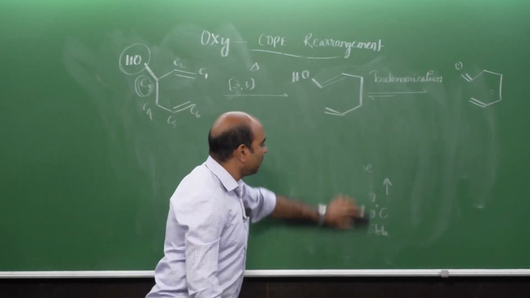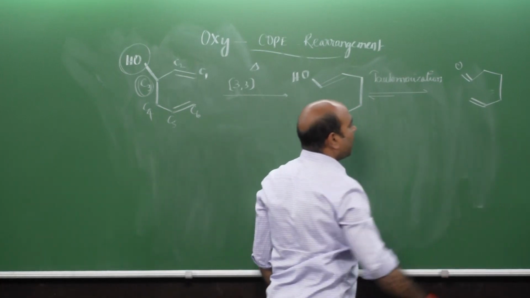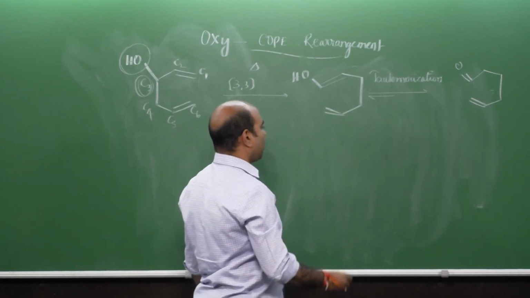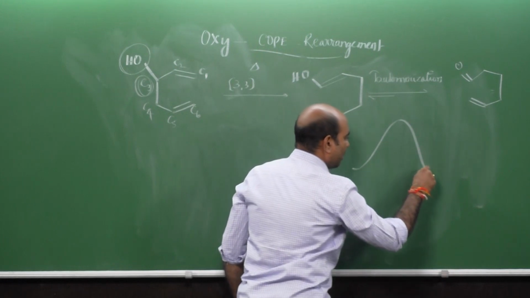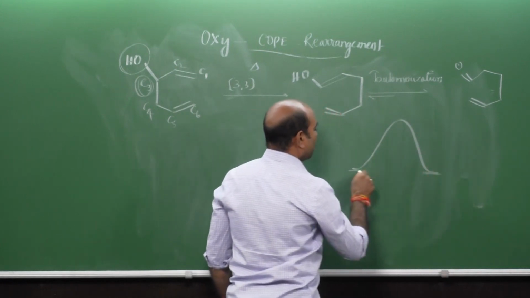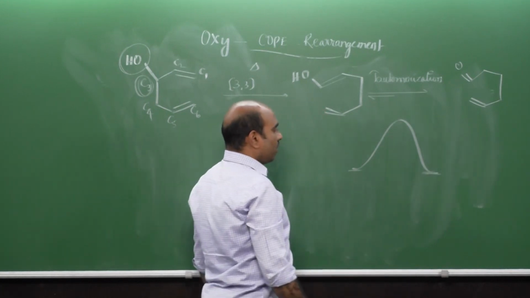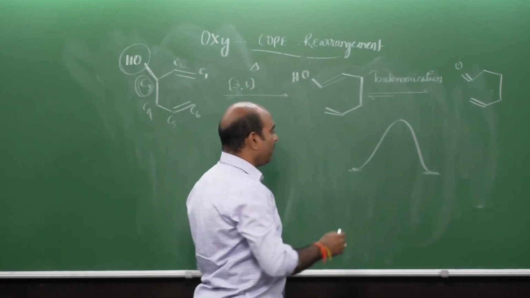Why is it happening? The product which is seen after tautomerization is a highly thermodynamically stabilized one. If this is the reaction where the energy of the reactant is exactly equal to the energy of the product, it is always reversible.